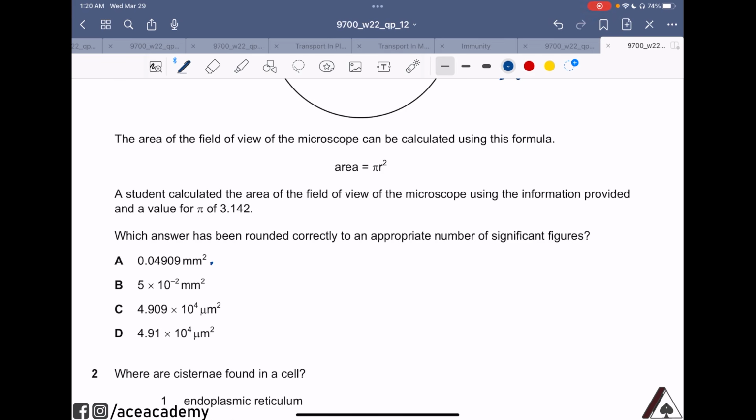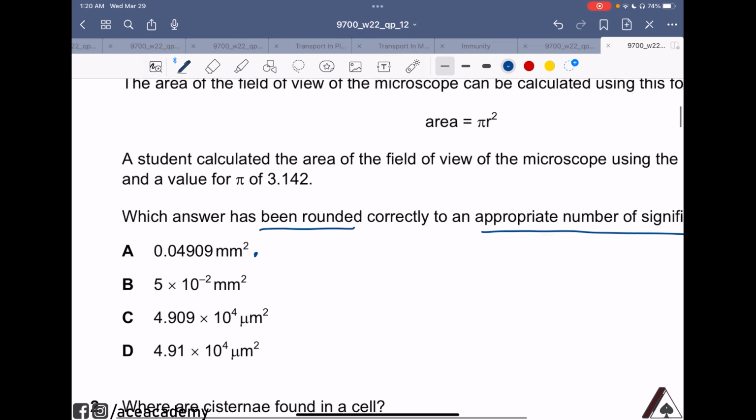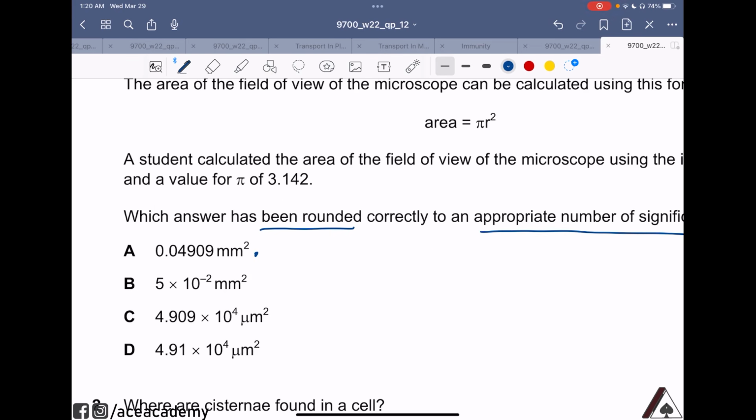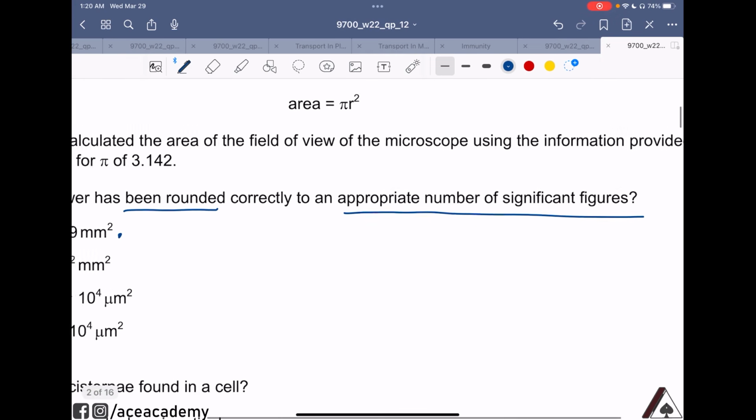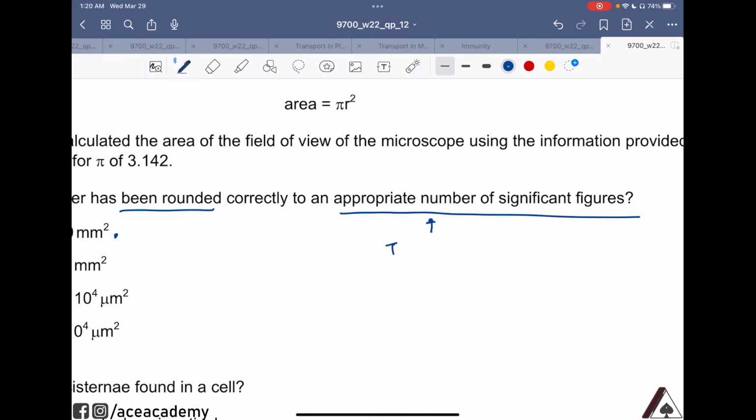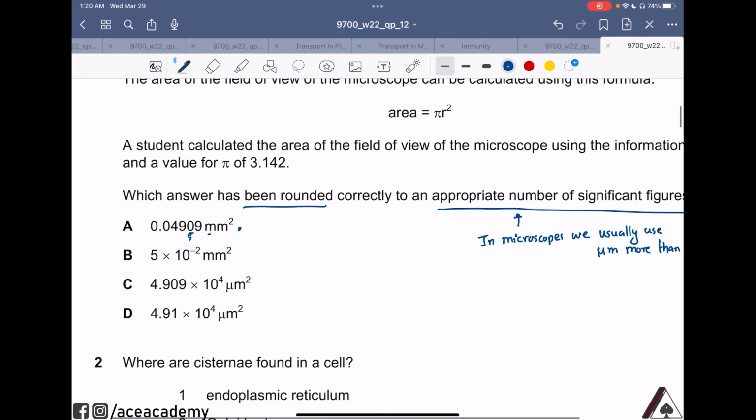Which answer has been correctly rounded to an appropriate number of significant figures? Here, the number of significant figures is 5, which is a bit too much. And in microscopes, we usually use micrometers more than millimeters. Therefore, this will not be correct.